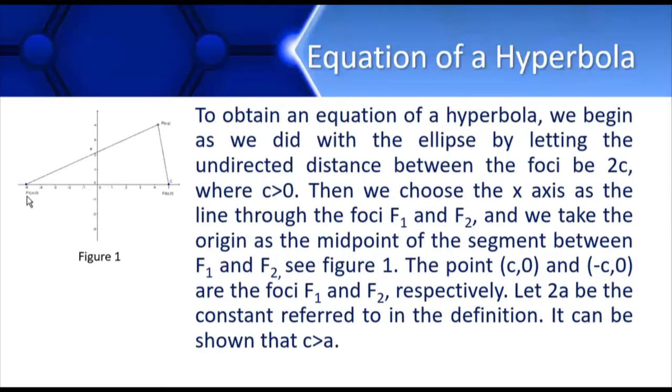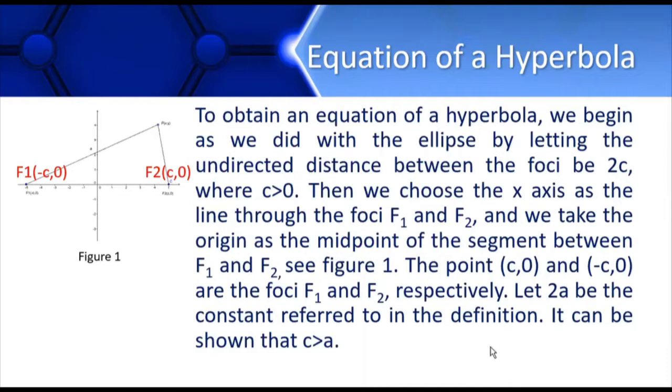Then sa ating image, lalagyan natin ng coordinates yung ating two fixed points. Ang magiging coordinate ay yung ating F1 is the coordinate of negative c, 0, and the F2 is the coordinate of c, 0.